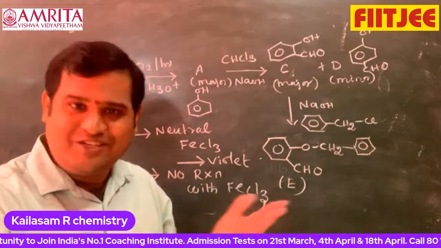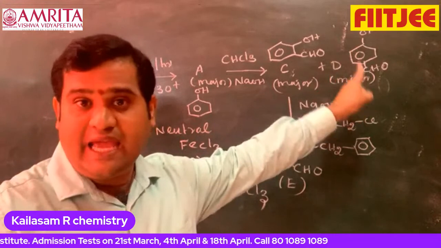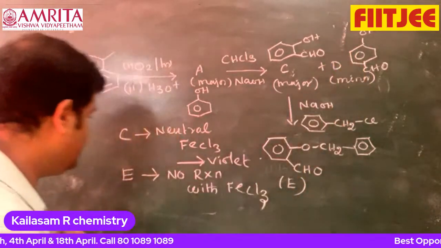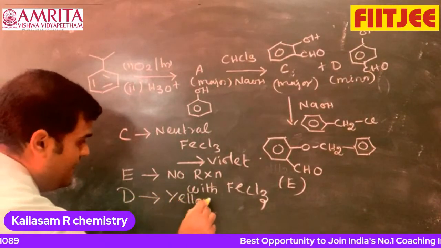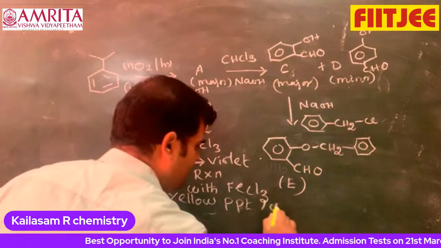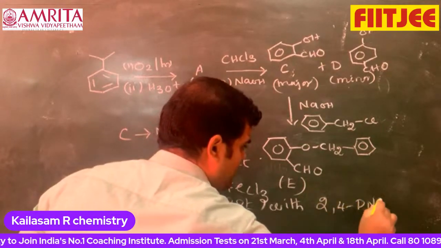Yes, fine. Now look at this. Now I can say D can form a yellow precipitate with 2,4-DNP. Yes, D can form a yellow precipitate with 2,4-DNP.